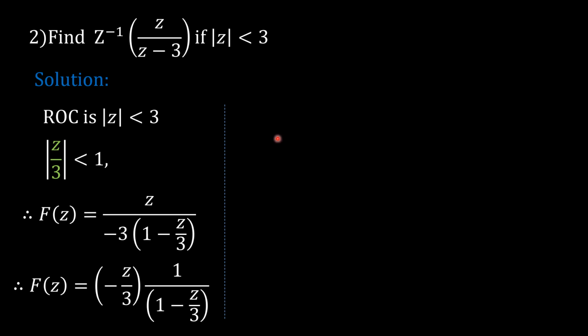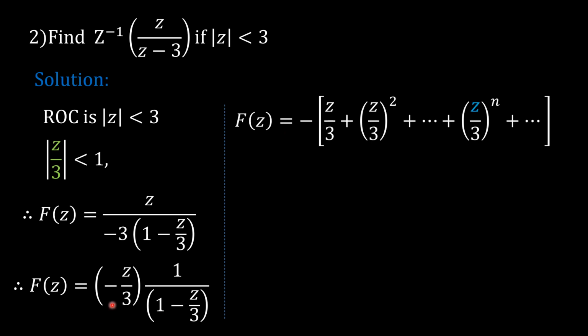So, applying binomial expansion, we will be getting expansion of f of z as minus z by 3 as it is, then the expansion for 1 upon 1 minus z by 3 will be 1 plus z upon 3 plus (z upon 3) square plus so on, and then we multiply by this z by 3 inside the bracket. The minus sign we have kept outside, so that will give us minus [z by 3 plus (z by 3) square plus so on, (z by 3) raised to n plus so on].